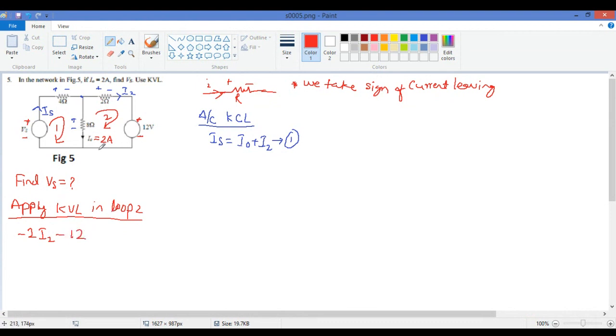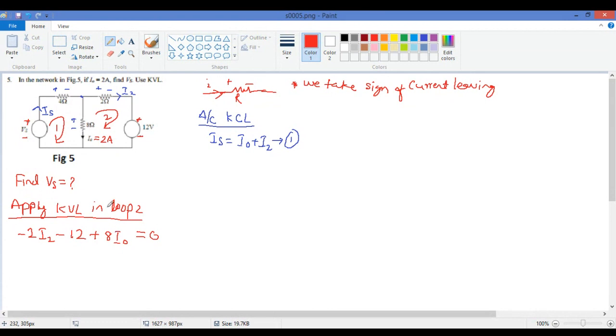Then I naught is flowing here, and the current is leaving at the positive side of this resistor, so we take this as plus 8 I naught is equal to 0. This is your KVL. So we applied KVL, now let us solve it.